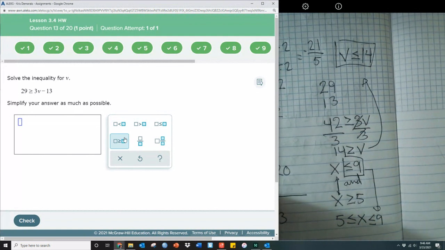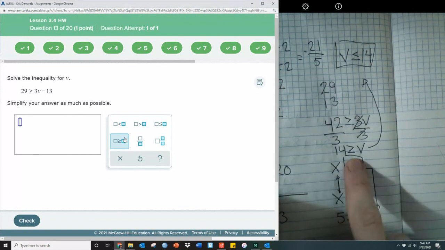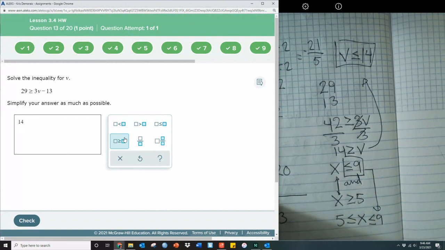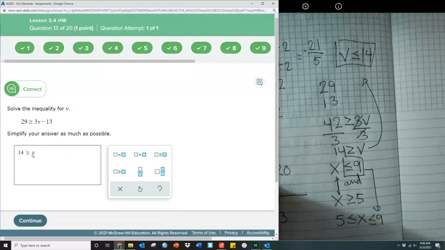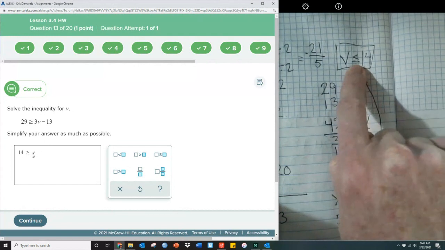I always like to have my v first. I'll get it right if I put v first, but you'll get it right if you put this answer too. I'm trying to give you good habits, but this actual answer will work. It's not best to leave the inequality where the variable is on the right side. I'm trying to give you good practice. That's why this is a better answer.